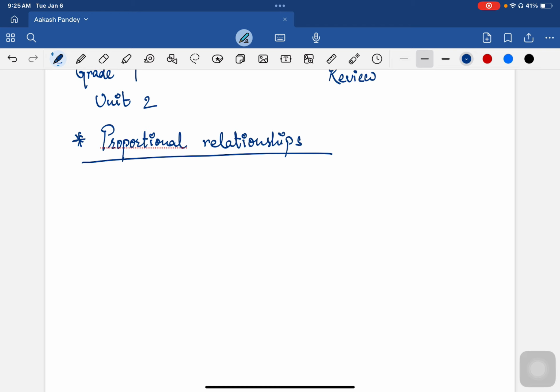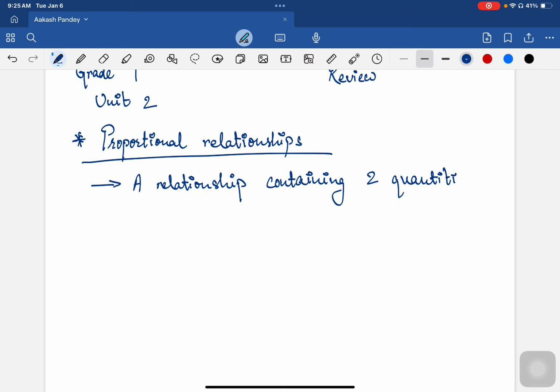So, proportional relationship means a relationship containing two quantities that change at a constant, same rate, right?